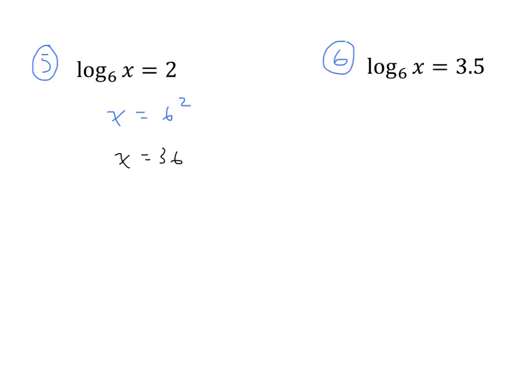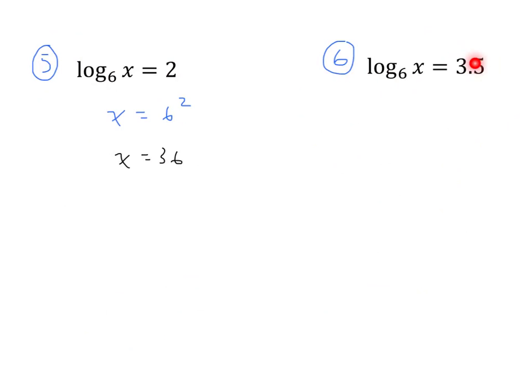Now, this idea is super useful for when it's a little bit trickier. This one you might just be able to do instantly in your head, but this one's a little bit trickier: log base 6 of x equals 3.5. Since we have a decimal here, we have to really think about this, but it's the same idea. This 3.5 is equal to our logarithm, so this is our exponent.